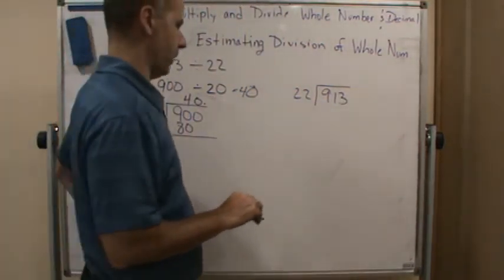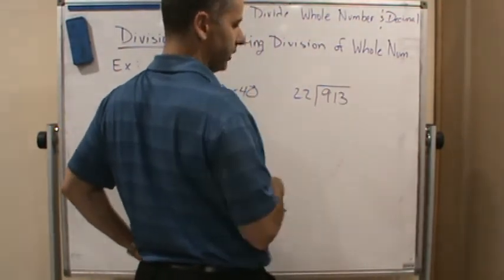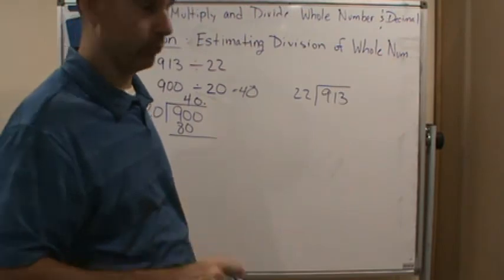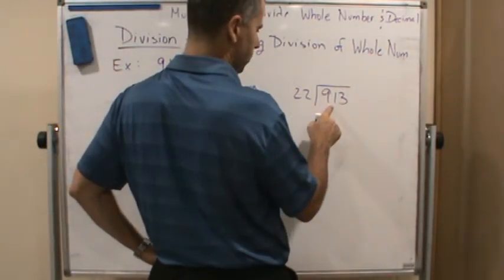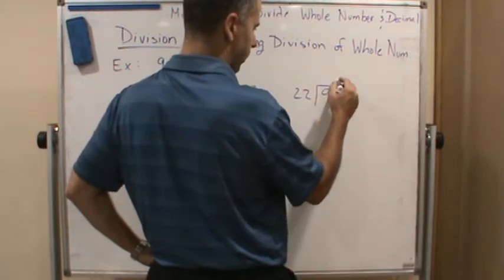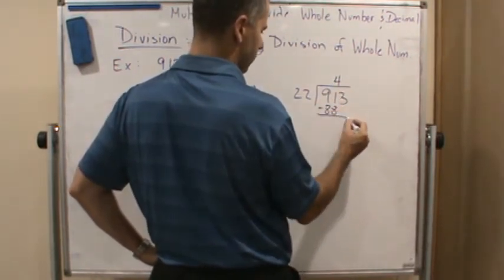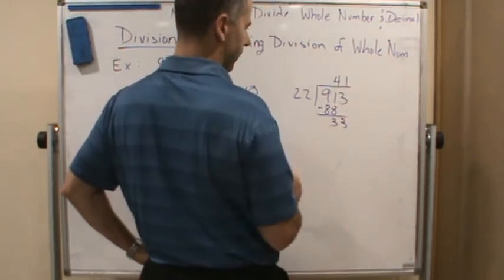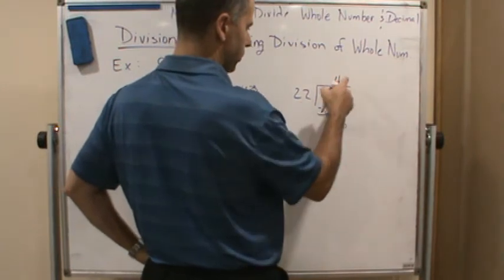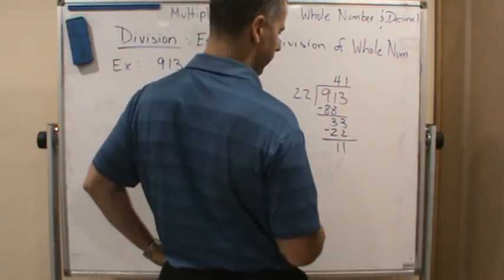Let's do the first way. So I can either have a remainder, or I could put a fraction, or do a decimal, right? So let's do this. Okay, 22 goes into 91 4 times. 4 times 22 is 88, which leaves 3. Drop the 3, I get 33. Then I get a 1. 22 times 1 is 22. Subtract, and I get a remainder of 11.